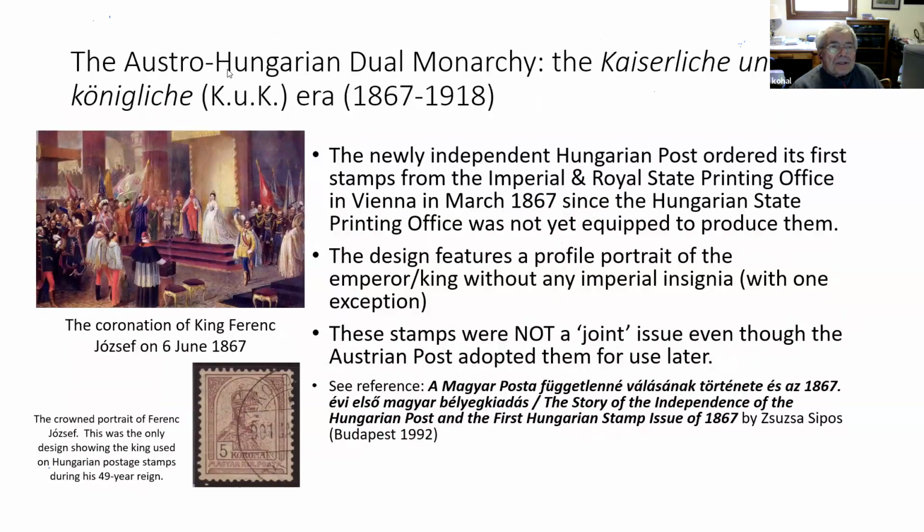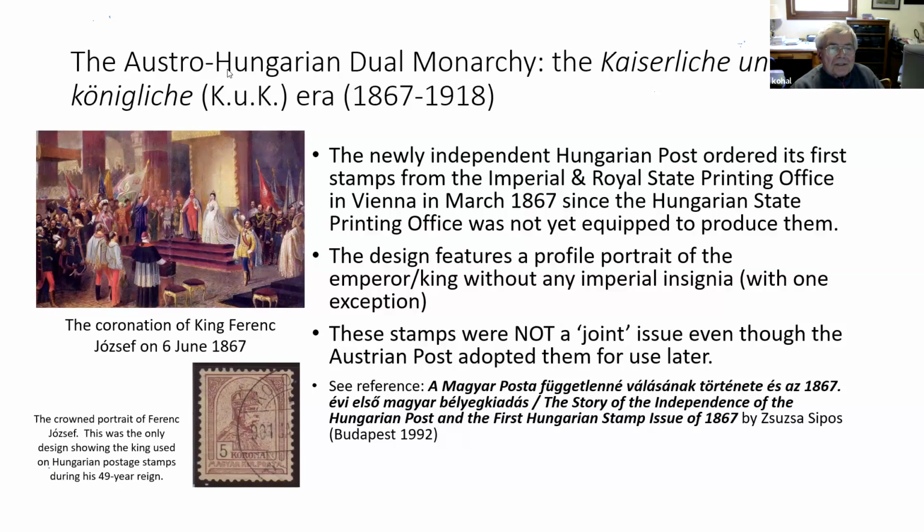And the picture on the left shows the coronation in 1867. And I found it interesting that the stamp shown again on the lower left is the only image of the revered king emperor that was used by the Hungarian post on a postage stamp.